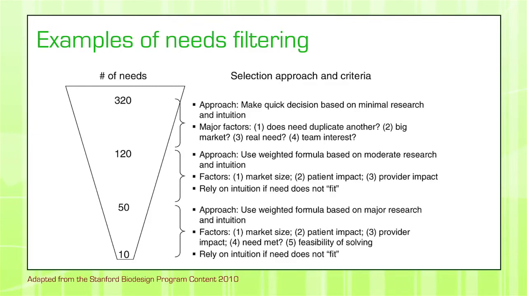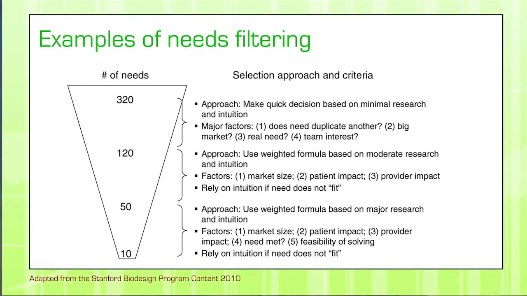In the second filter, you're going to have an approach that is a little bit more researched. Basically, you start using a weight system to rank different needs according to the small fragments of information that you have for each of your needs.